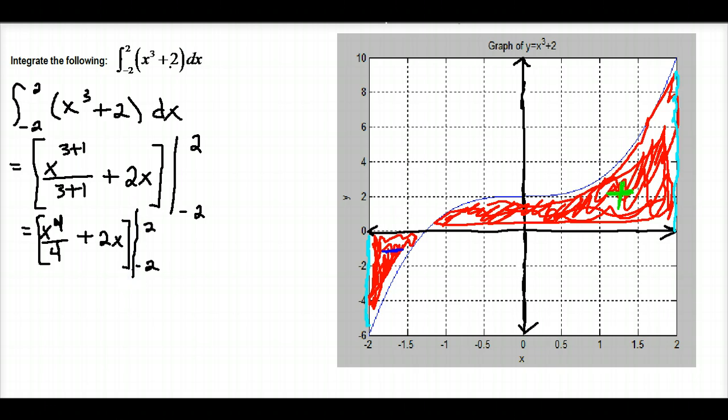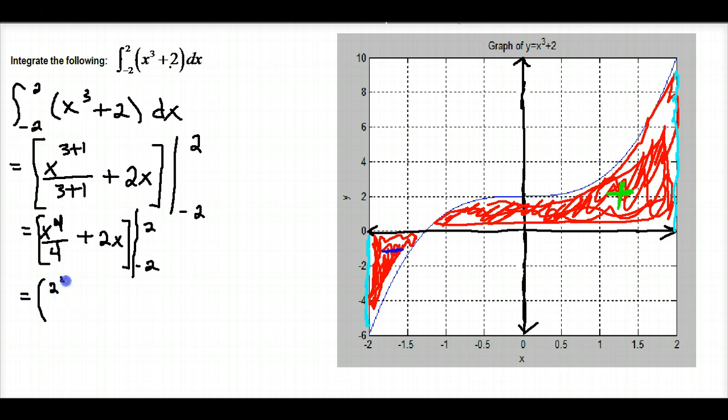And so how we do that is we're going to plug in 2 into this and then subtract it from when we plug in -2. So that's the way that we go about evaluating definite integrals. So first go round, you'll see that we will plug in a 2.